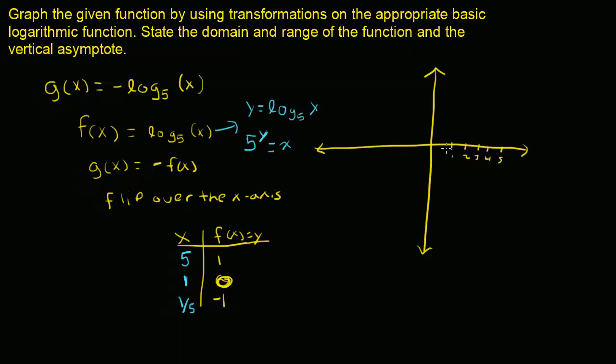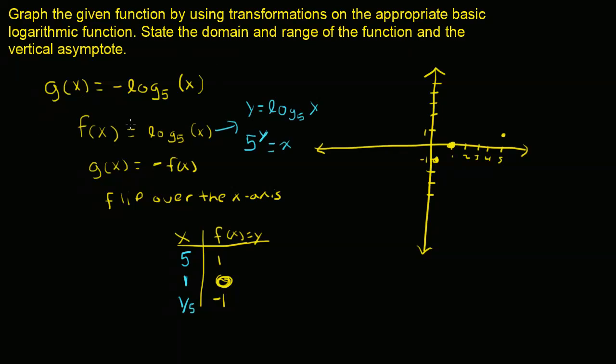So when y is 1, x is 5. When y is 0, x is 1. And when y is negative 1, x is 1/5. So that'll be down here.